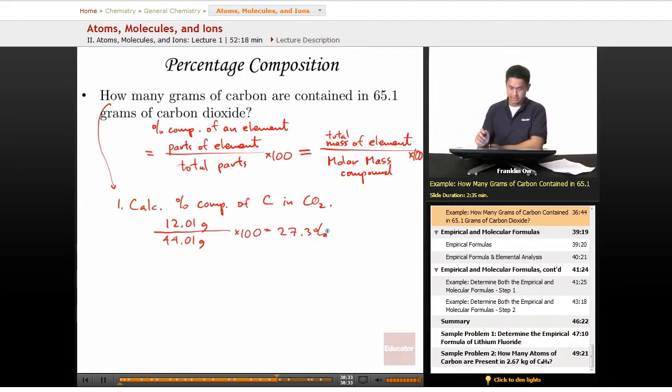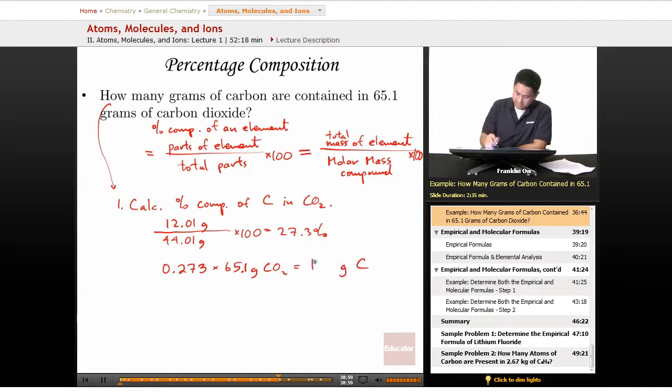The majority is oxygen. Now, that tells me that any sample I hold of CO2 in my hand, 27.3% of that is carbon. So we're going to use percentage as our conversion factor. And so we're going to say 0.273 times the 65.1 grams of CO2 is going to give me my grams of carbon.